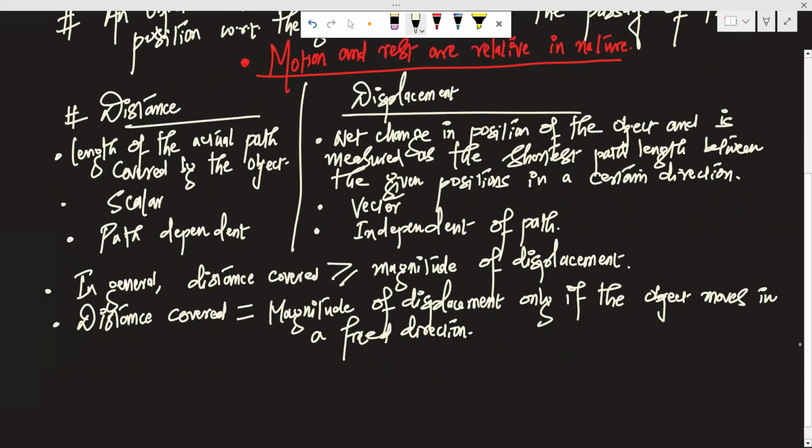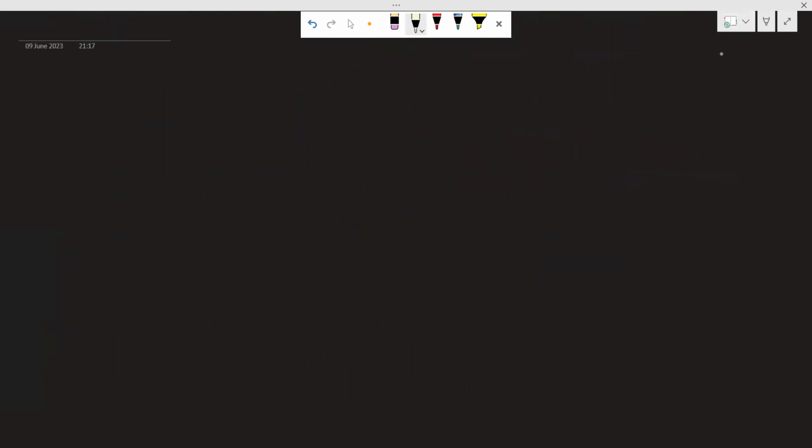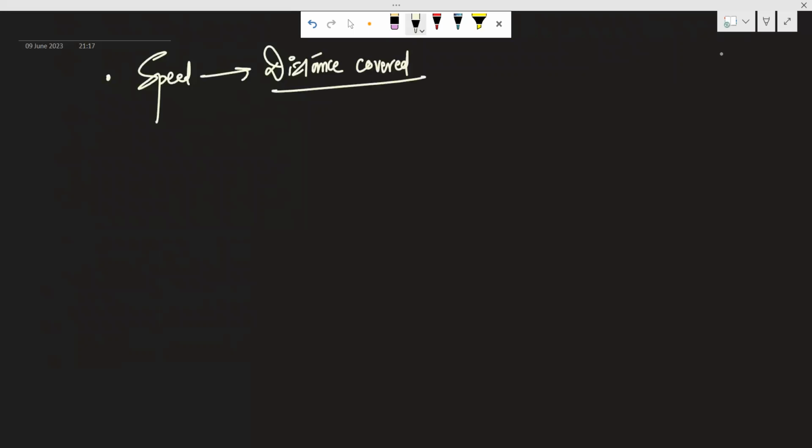So remember that when we discuss the rate of motion, first, speed is the ratio of distance covered to the time taken.